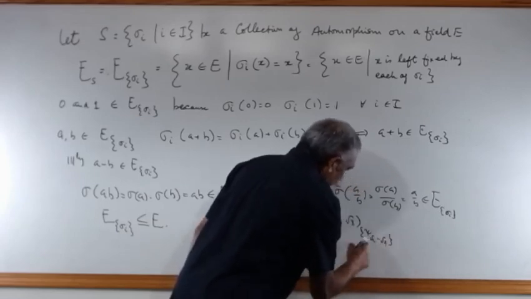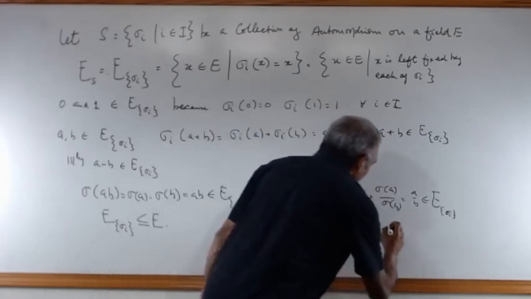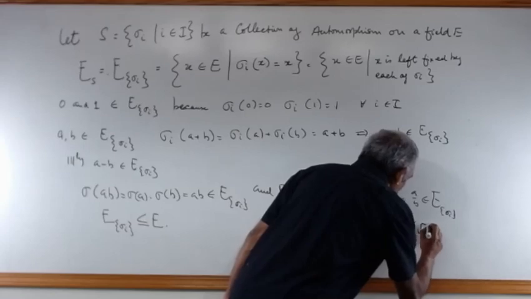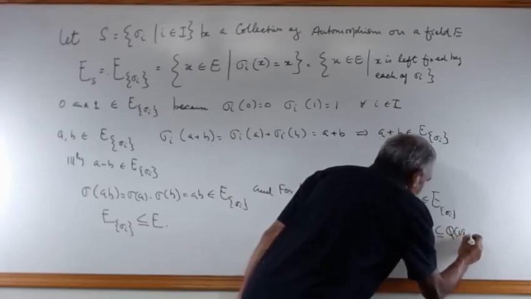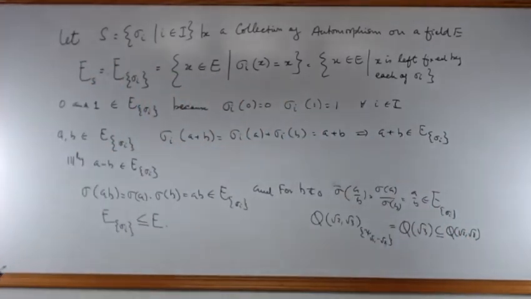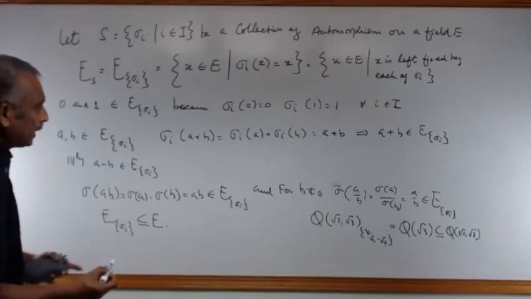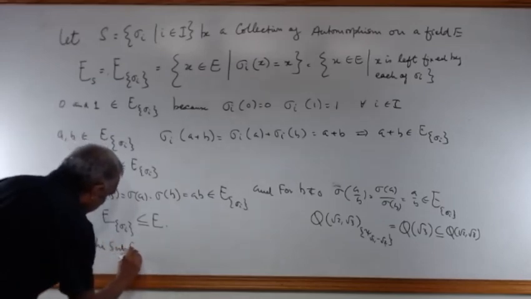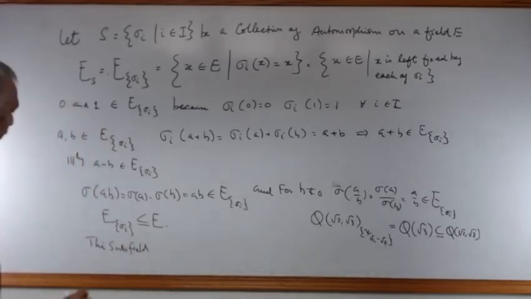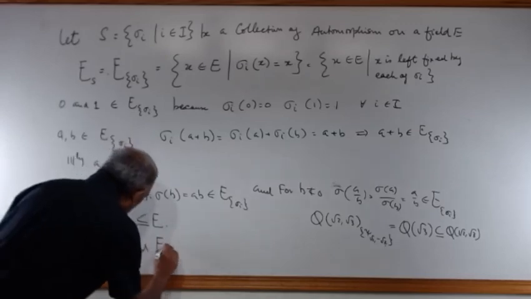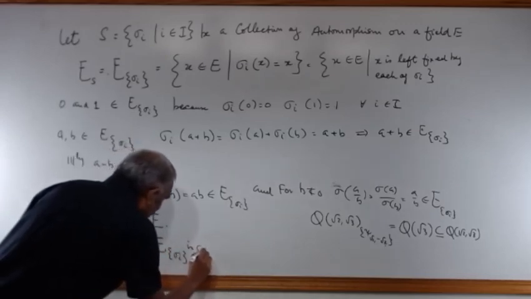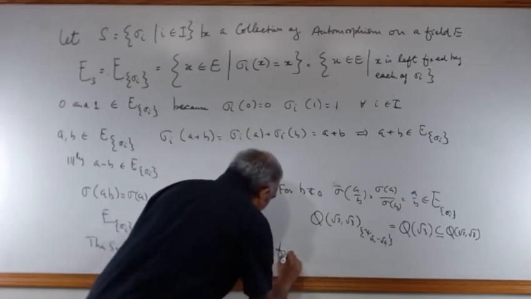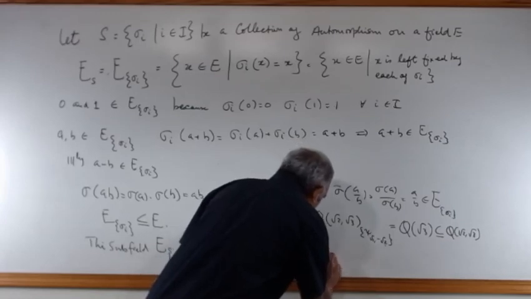This is our collection because there is only one automorphism there, and the fixed set is equal to Q of root 3, which is a subfield of Q of root 2 comma root 3. And this subfield, E of sigma, is called the fixed field of the sigma i's.